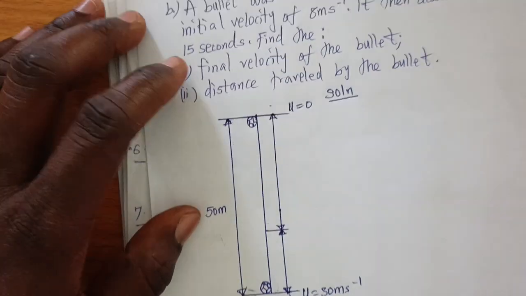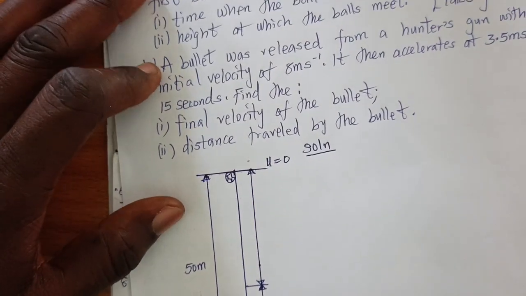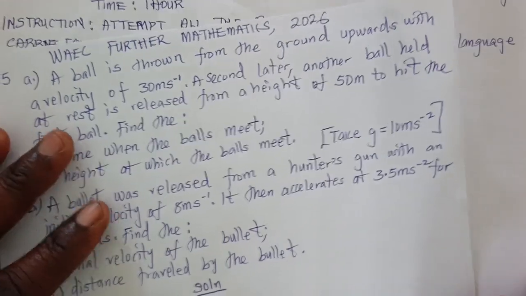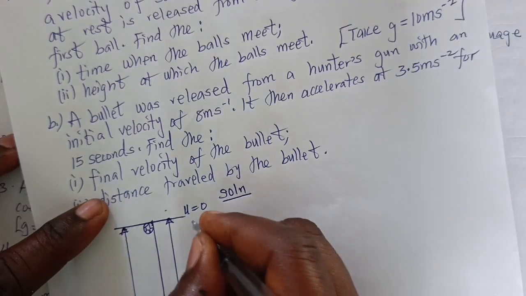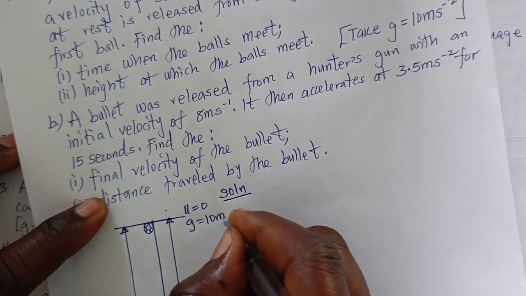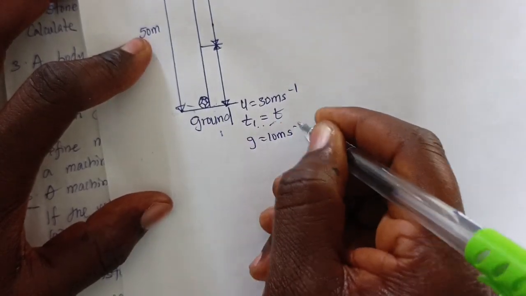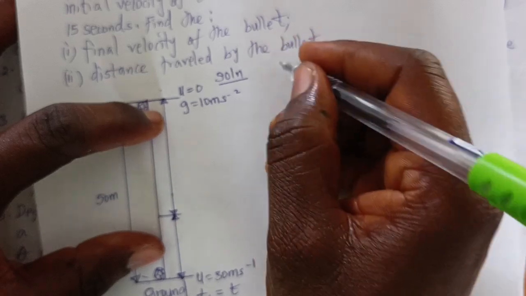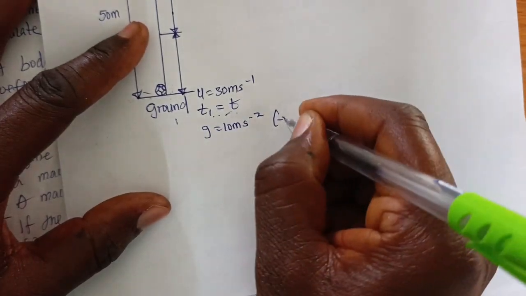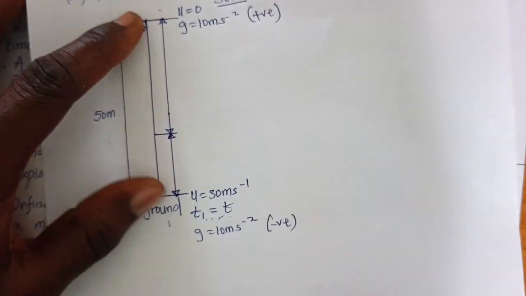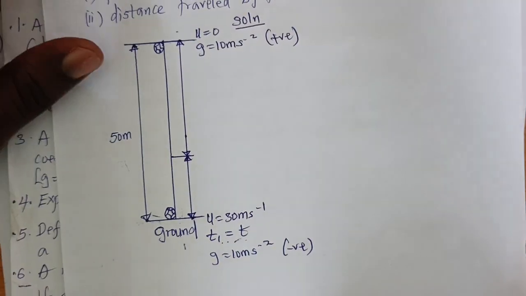The initial velocity there is 0. Then we have a constant g, the acceleration due to gravity, which is 10 meters per second squared. For upward motion, g is negative, and for downward motion, g is positive. That is the condition we need to take note of.